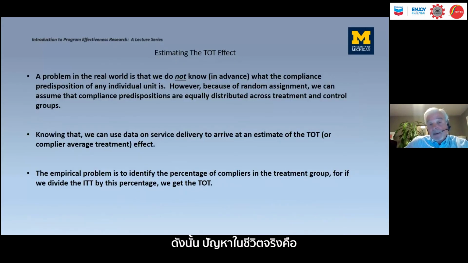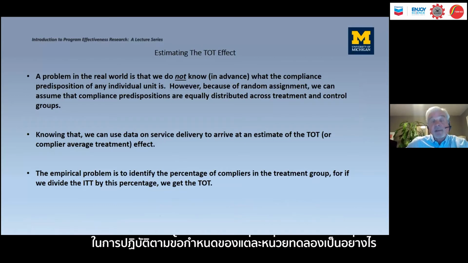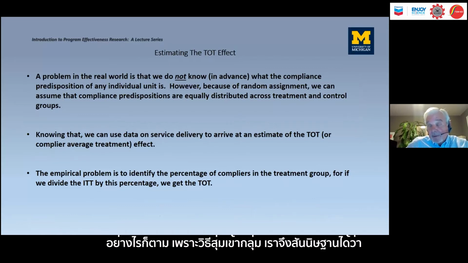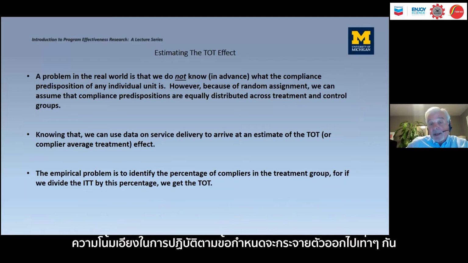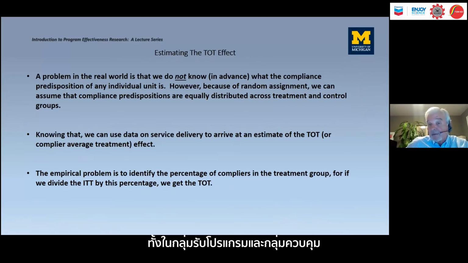A problem in the real world is that we don't know in advance what the compliance predisposition of any individual unit is. However, because of random assignment, we can assume that compliance predispositions are equally distributed across treatment and control.